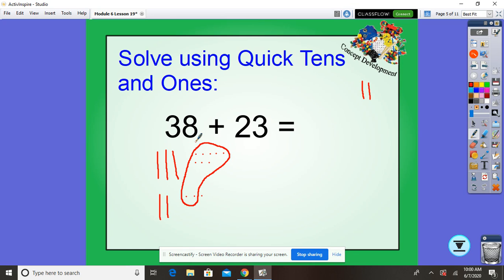So I made another group of 10, and then we count up like this. 10, 20, 30, 40, 50, 60, 61. So my answer is 61 because we were able to bundle another group of 10. So I have 1, 2, 3, 4, 5, 6, 6 tens and 1 one, which gives us 61.